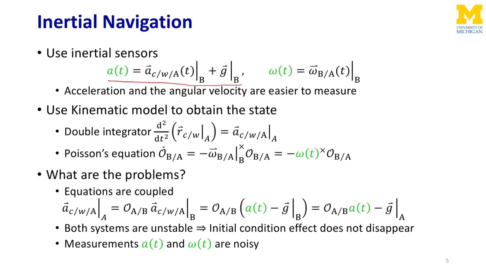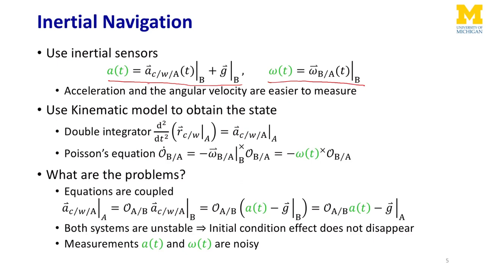But the problem with accelerometers is that they are corrupted by gravity. Whatever your accelerometer measures is going to be a combination of the true acceleration and the gravity in the body fixed frame. Rate gyros measure the angular velocity of the body fixed frame with respect to the inertial frame, in the body fixed frame. So the rate gyro gives you this quantity.